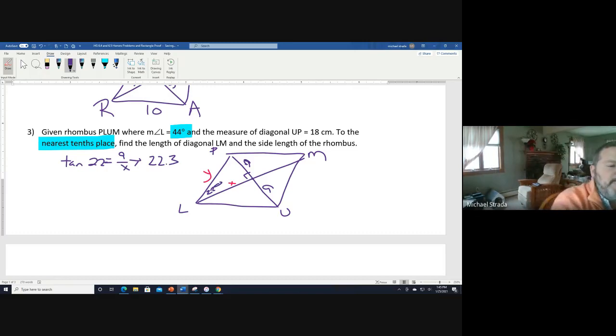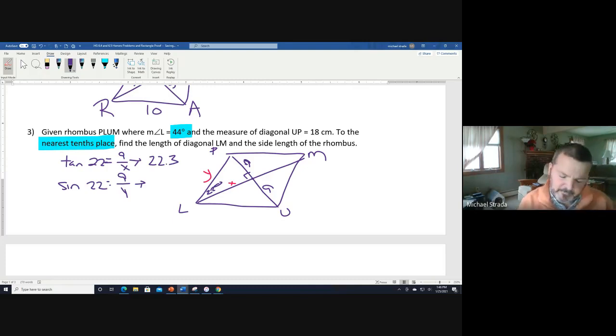Again, 9 is the opposite, so that's sine. So sine 22 equals 9 over Y. Once again, since the variable is in the denominator, I'm going to divide 9 by sine 22. And I get 24.0.